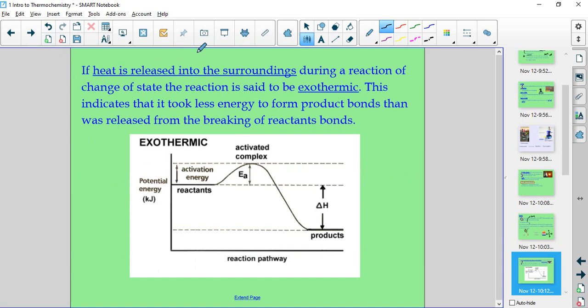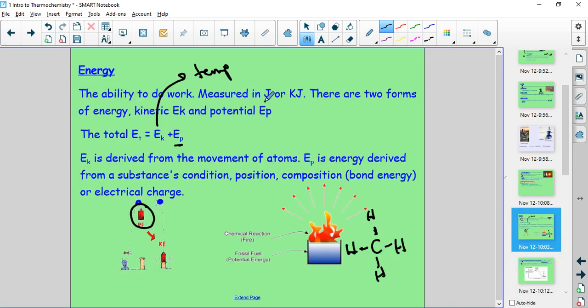Now, specifically getting into chemical systems, there are specific kinds of chemical reactions. One is exothermic. Let me start at the beginning, though. Reactants have a certain amount of potential energy, and we measure energy in joules or kilojoules.